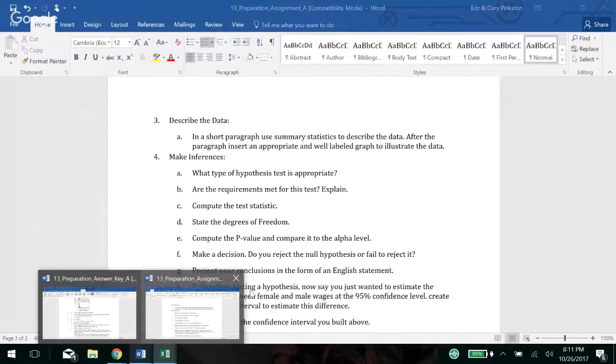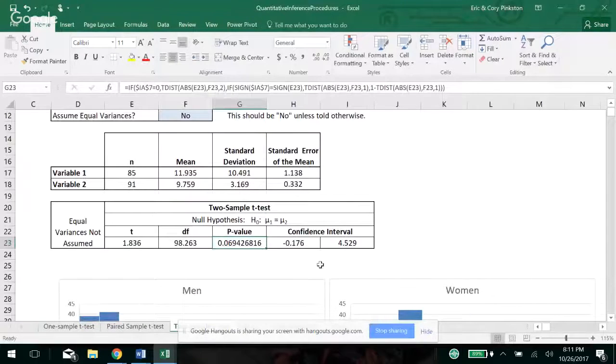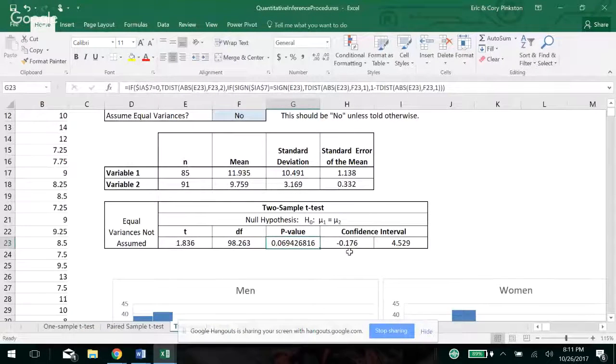Now interpret the confidence interval you built above. So we are 95% confident that the true difference between the mean of men's wages and mean of women's wages is between negative 0.176 and 4.529. Take action.